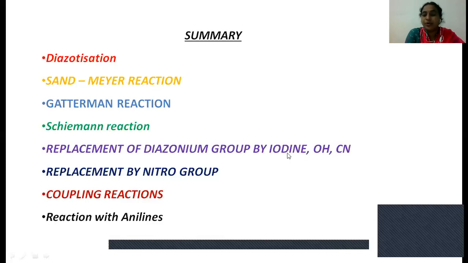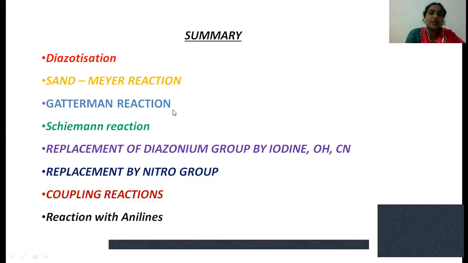When it reacts with a base, OH minus, at high temperature, it produces phenols. With sodium cyanide, it produces cyanobenzene. With sodium nitrite, the NO2 group replaces the diazonium group, producing nitrobenzene.